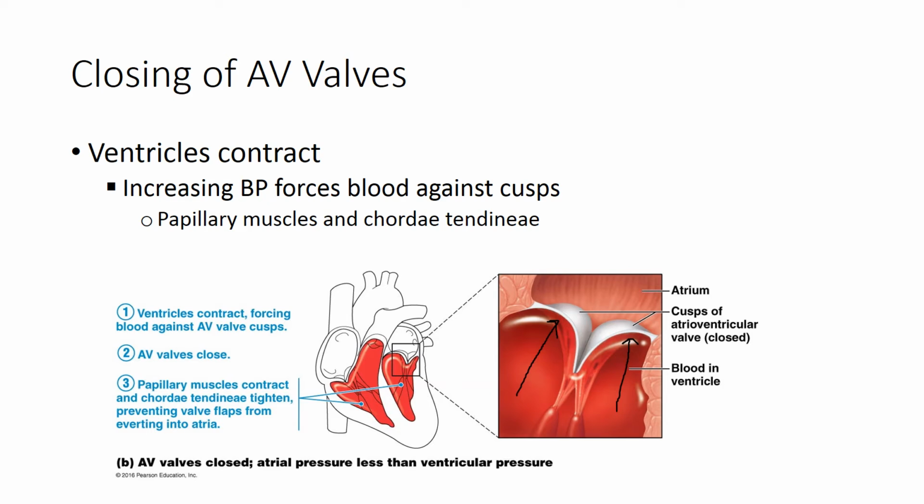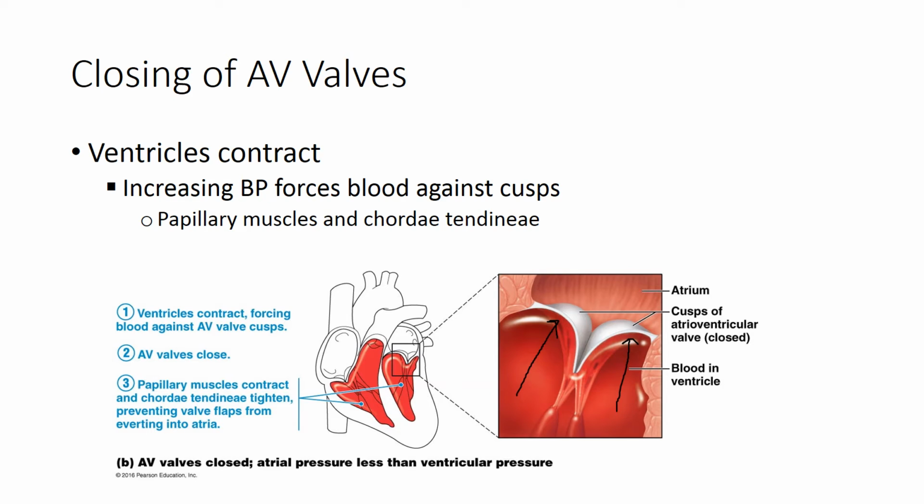That's essentially going to lift these flaps or cusps into the opening, and the edges of the flaps are going to come together to seal off that opening. Okay, and again, this is going to prevent the backflow of blood into the atria.